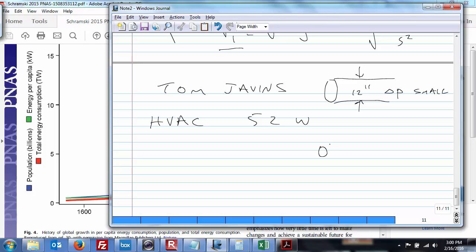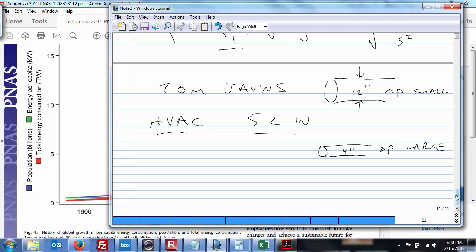If you've got a bunch of little skinny 4-inch tubes, I think you guys were talking about forcing fluid through nanotubes or something. The smaller the tube, the more pressure it takes to shove the fluid through there. I'm not going to dig into the mathematics, but in a 4-inch tube, the delta P is large. So one way that Tom Javins was able to let his whole house run on 52 watts, pumping heat around, is that he's just used larger tubing.